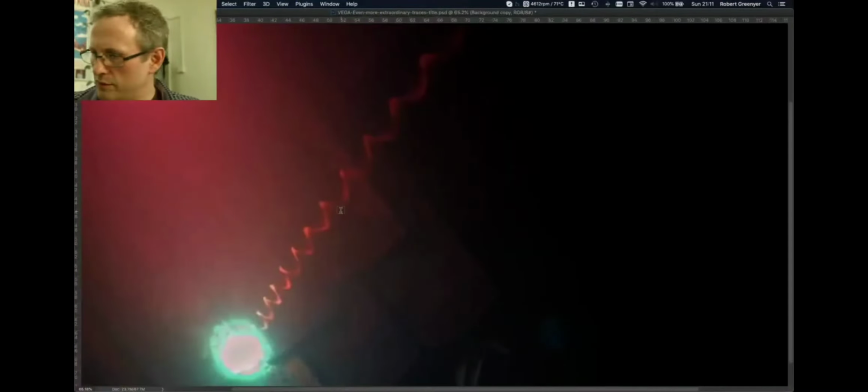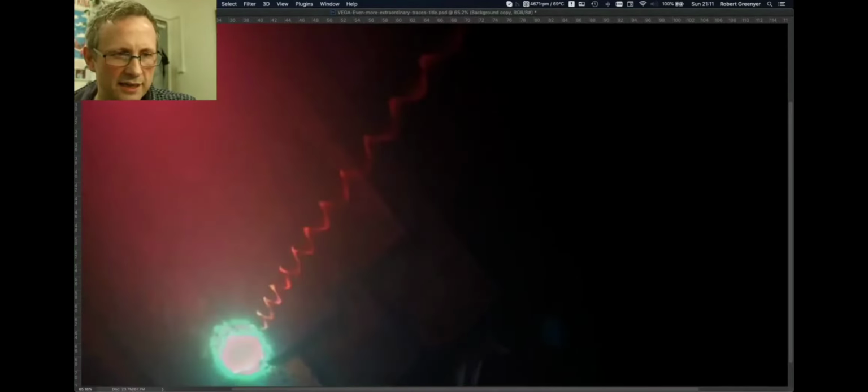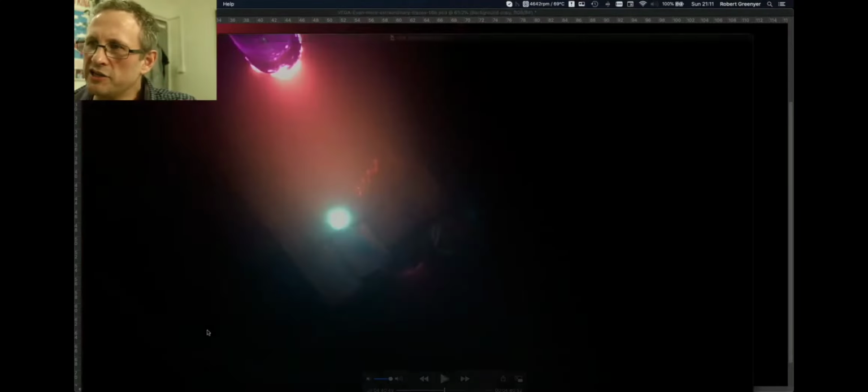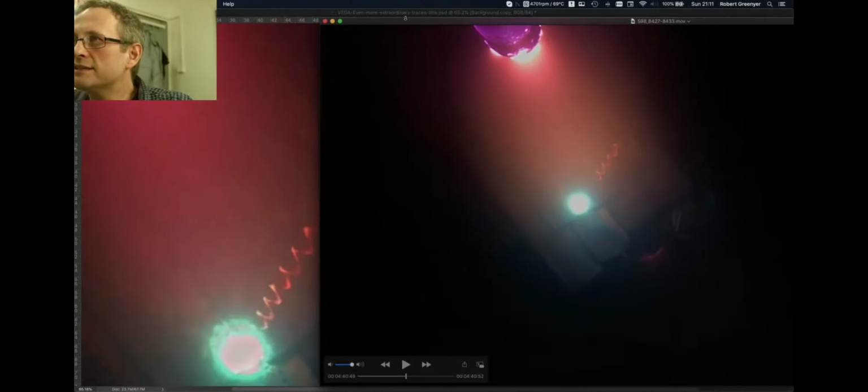Okay, let's go back there. So here you see it. And that is the combined shot. Maybe I can get both of these in the frame at the same time. That would be nice, wouldn't it? No, not there.